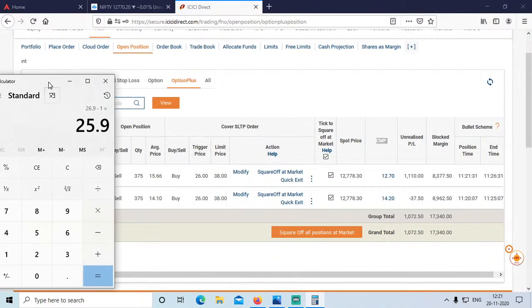It should be 25.9. It is 26. So what I will do is reduce it to 25.5.